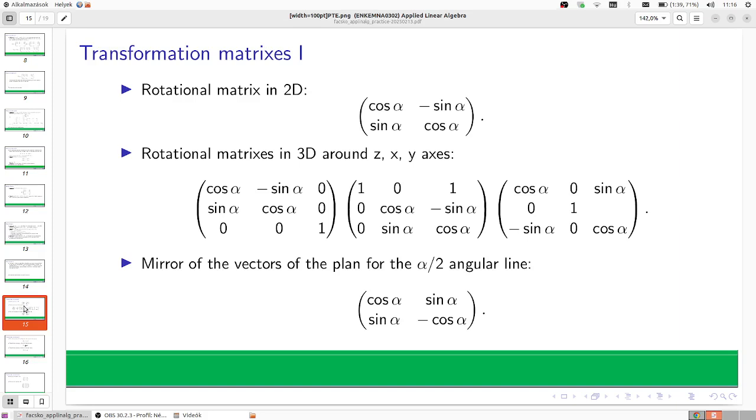Oh, how much is it? It's something. Am I right? Yeah. Okay, so this is the transformation matrix. Let's check this.